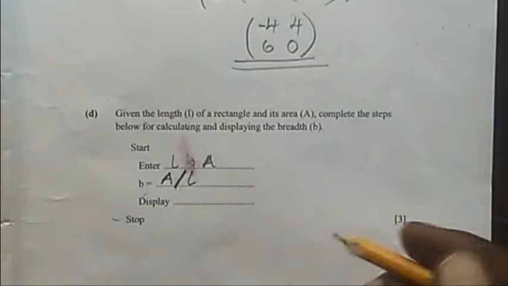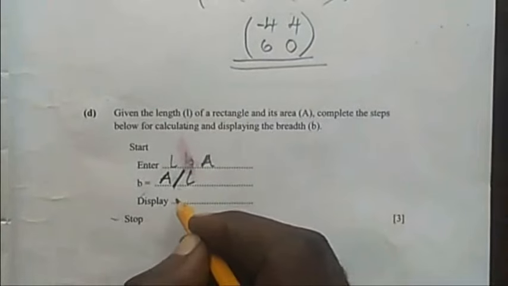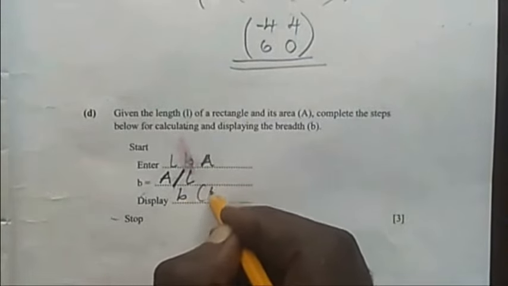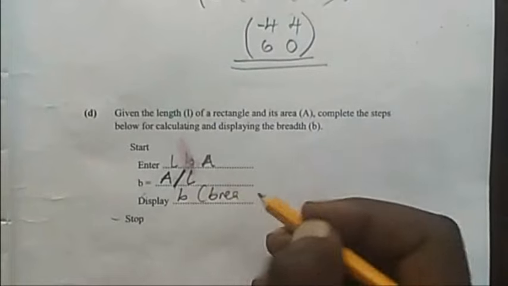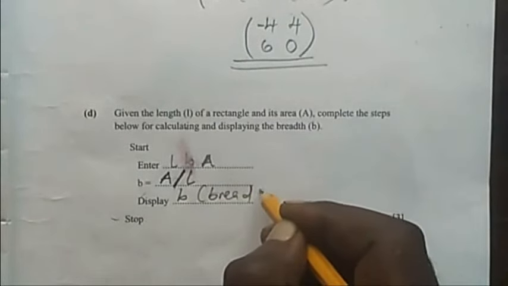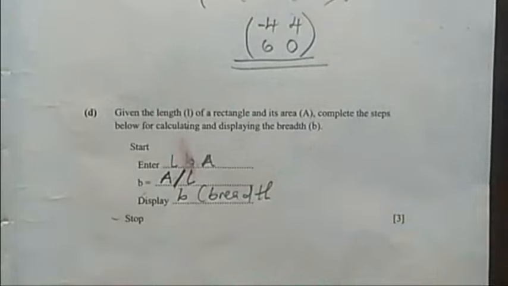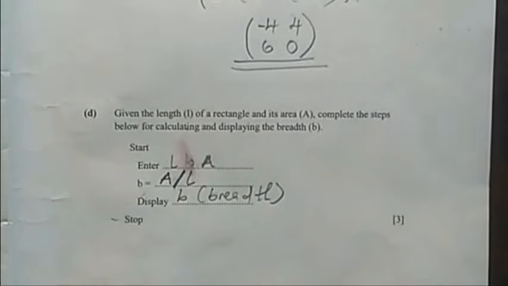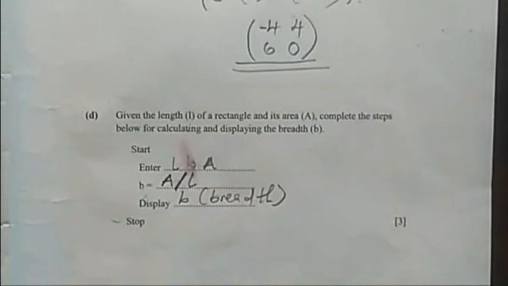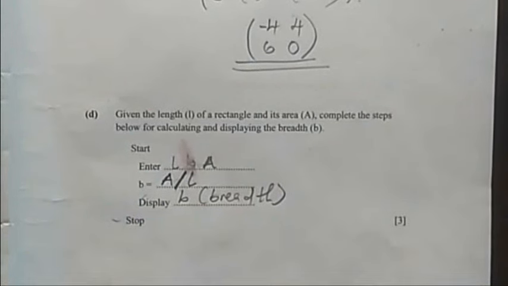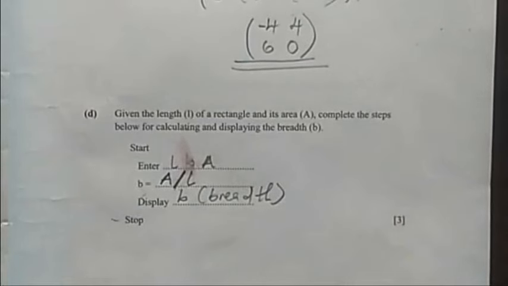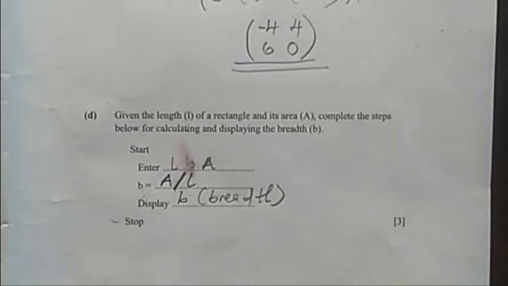Once you have done that, what will be displayed is breadth. So you can even write it in words like this, you say breadth, and then you can close like that. But even when you write B, it's okay. What will be displayed there is breadth. Once you have entered those, the breadth will be displayed.